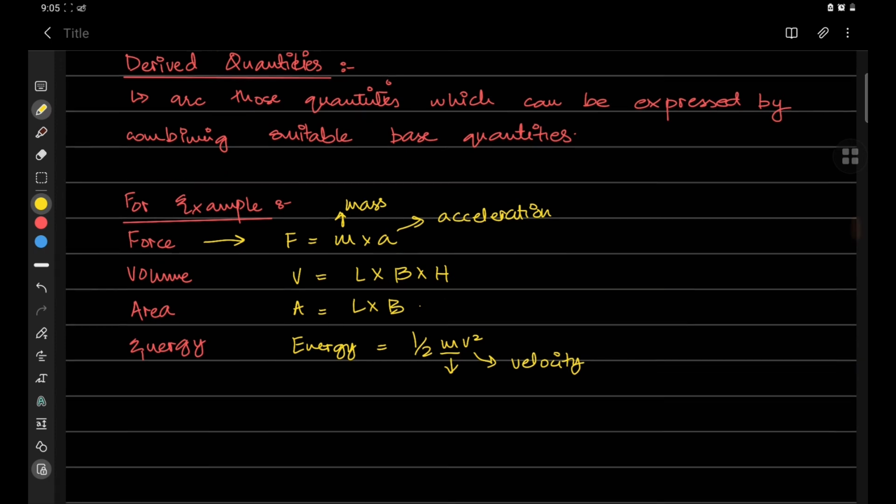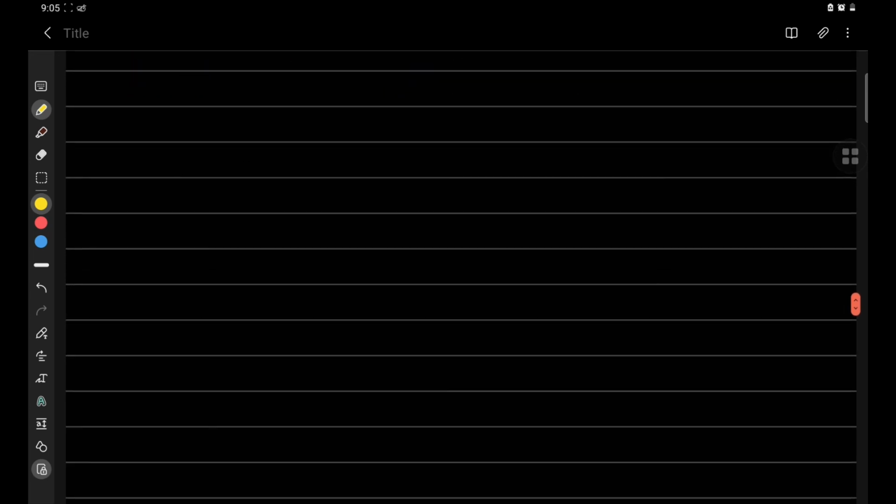Now we're going to talk about what SI units are. Earlier on, I believe you remember what we talked about in terms of the units. So SI units, let me just tell you the full form of it.